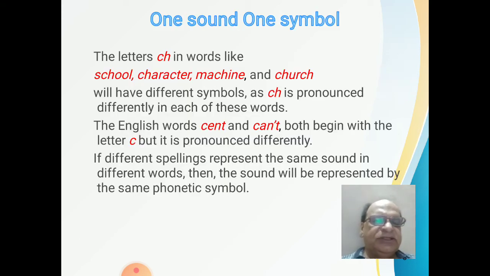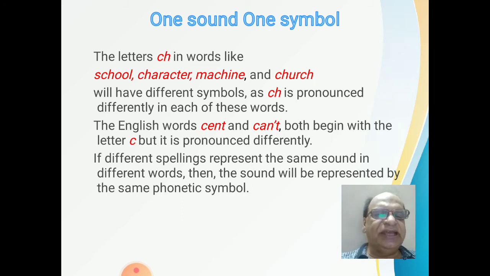Now the policy that we'll follow is one sound, one symbol. As we studied some time back, the sounds of the alphabet may be represented differently. But when we look at these IPA symbols, one sound will be represented by only one symbol. Now look at these words.